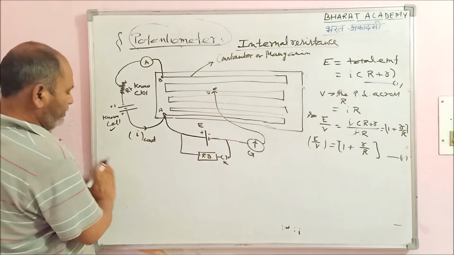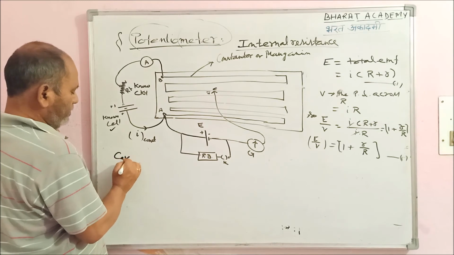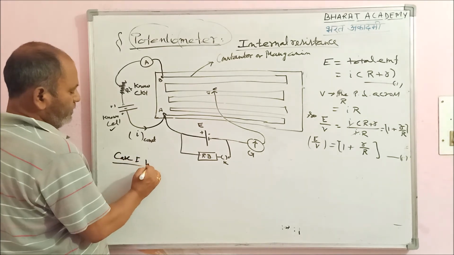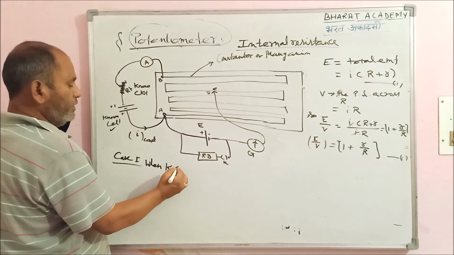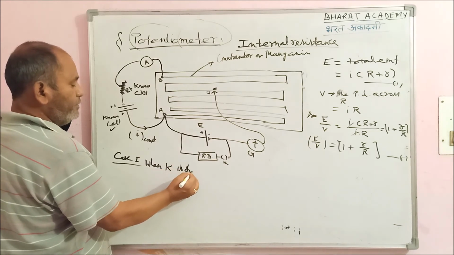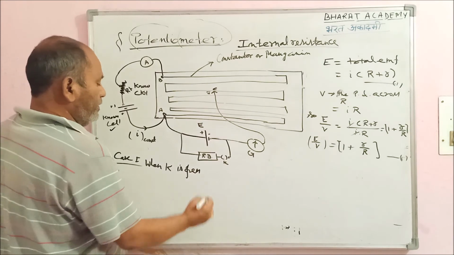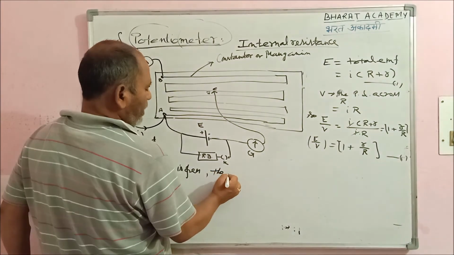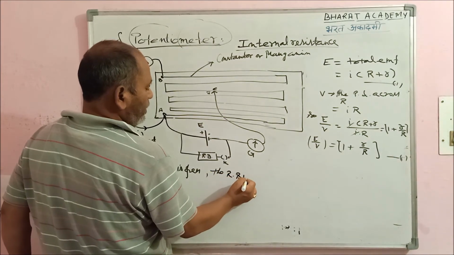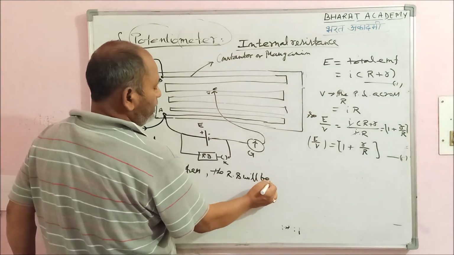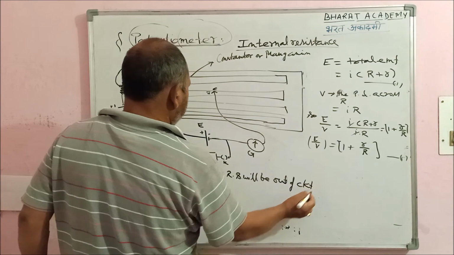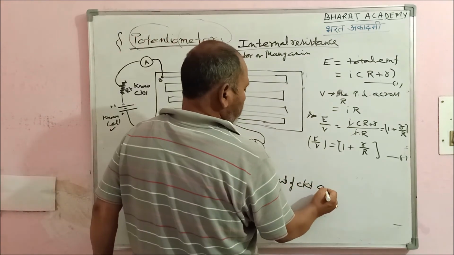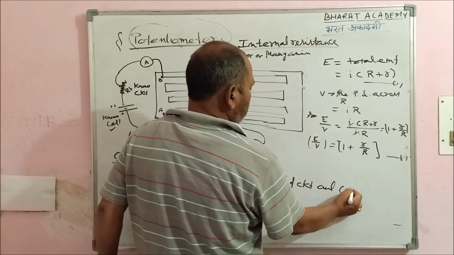Case 1: when the key is open, what will happen? The RB will be out of circuit and the cell will be in the circuit.